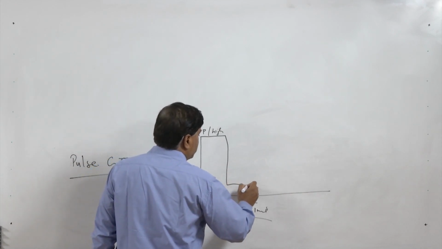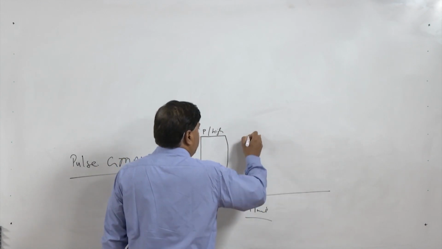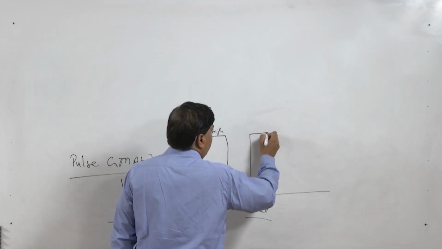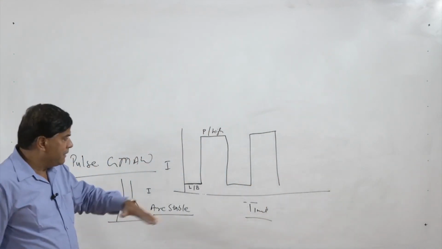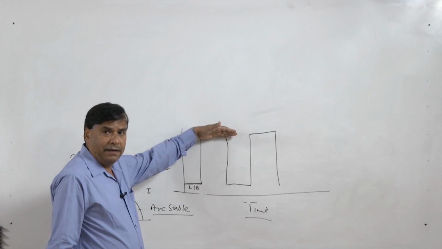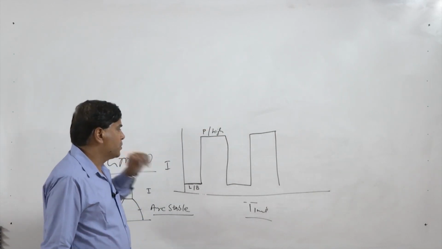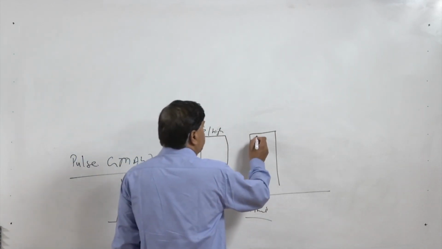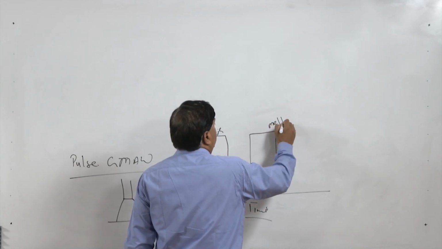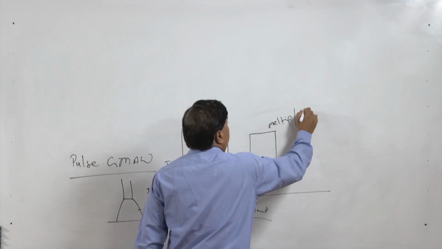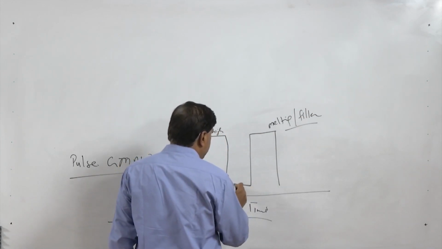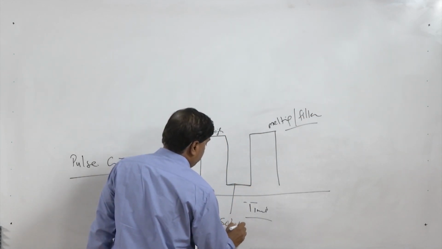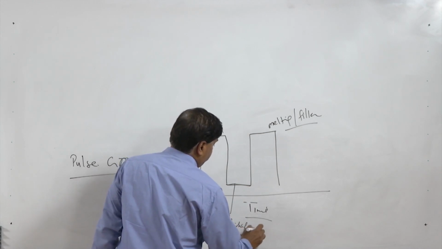So this is how the cycle is maintained: background current, high current. We can say the current is pulsated between the background current level and the high current level, or peak current level. When the current level is peak, the melting of the base metal as well as filler is facilitated, and when there is background current, solidification is facilitated.